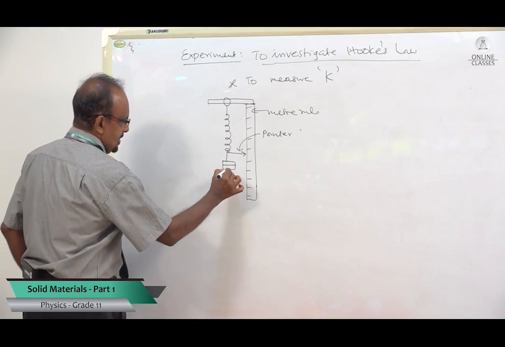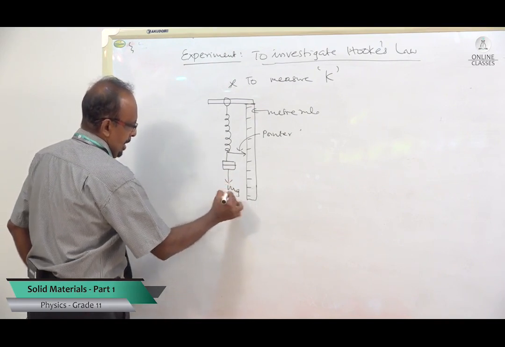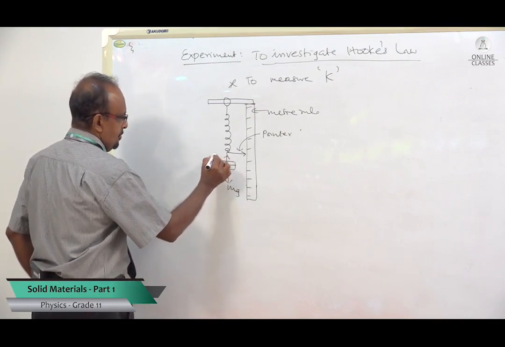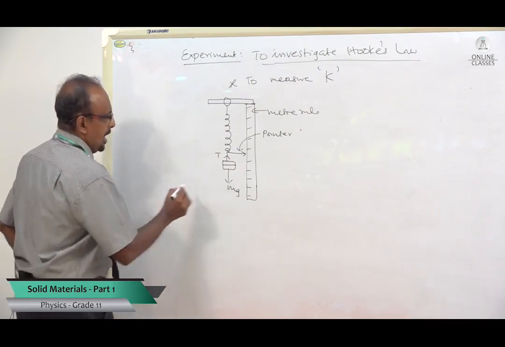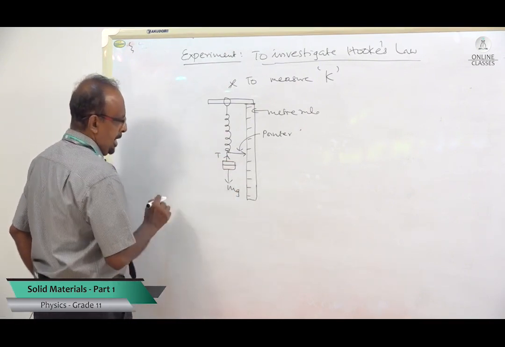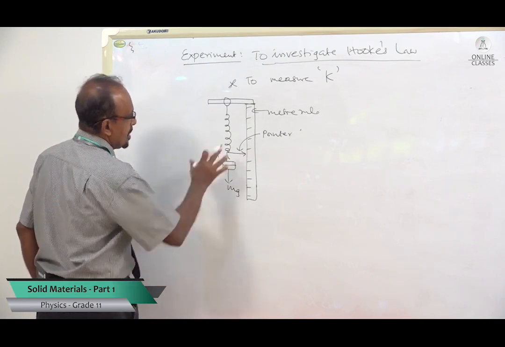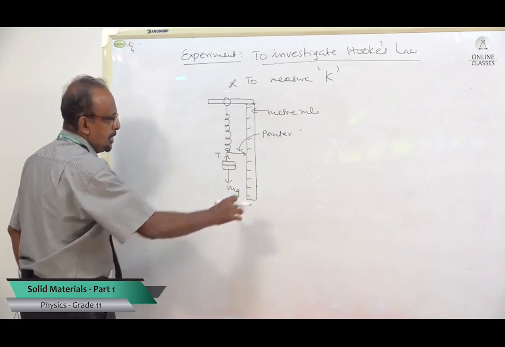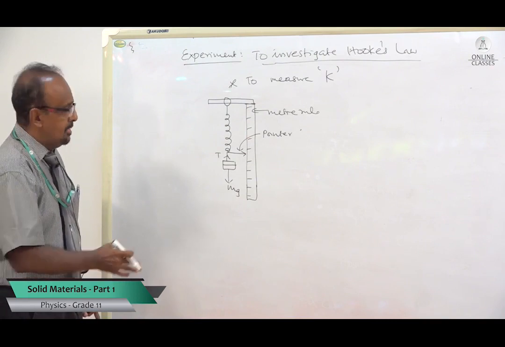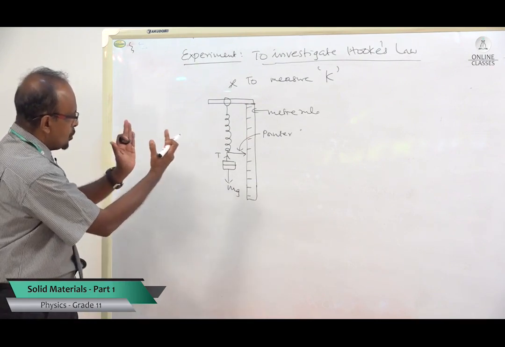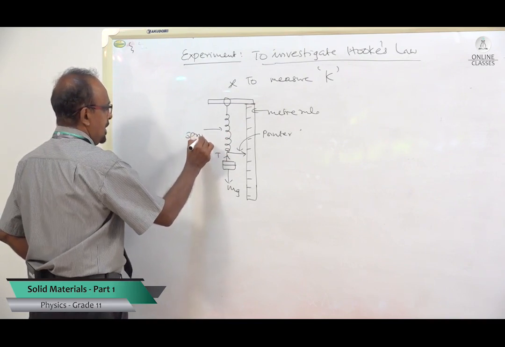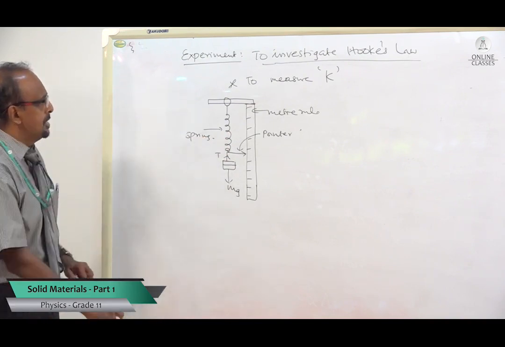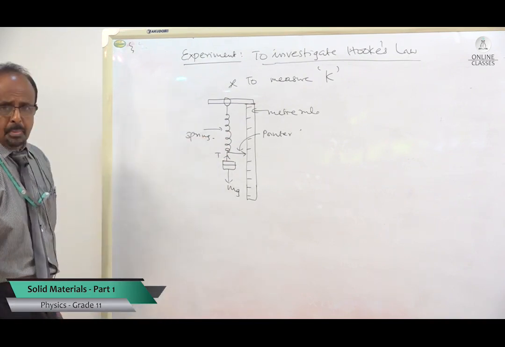Here you can see this is the weight mg, and tension will be T, and we know T is equal to mg, and this is a pointer or pin. This is a normal diagram. The meter ruler should be straight or vertical, closer to the spring. This is a spring. We are going to find the stiffness constant of the spring.